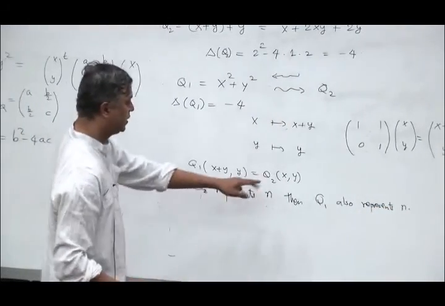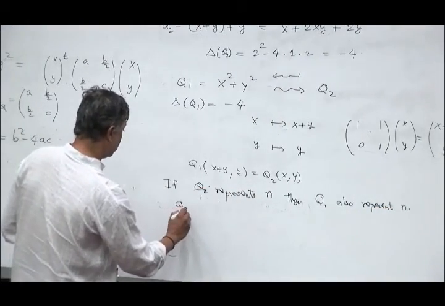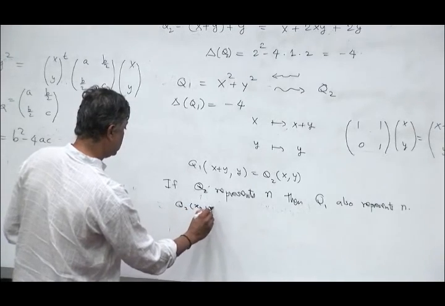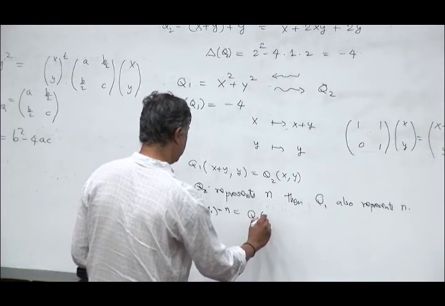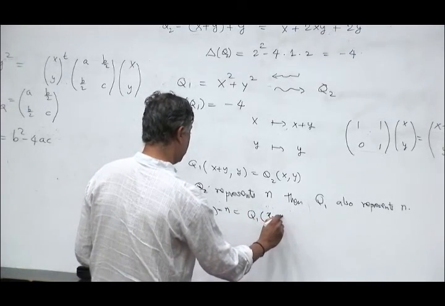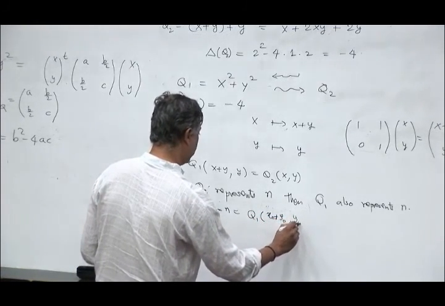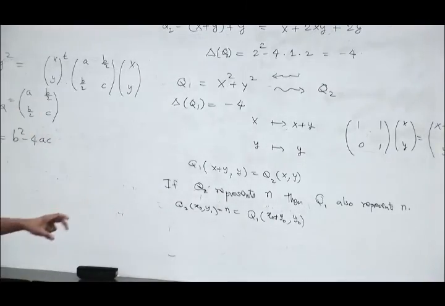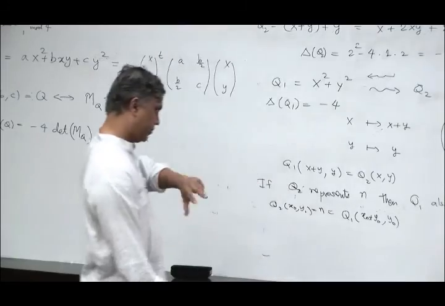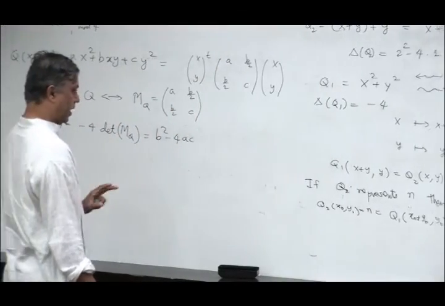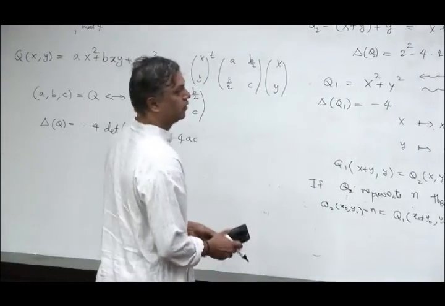This can be easily checked because I can take q2 of x0, y0, which is equal to n, but then this is the same as q1 of x0 plus y0, comma y0. This is reversible. It has an inverse, and the inverse also lies in the integers.